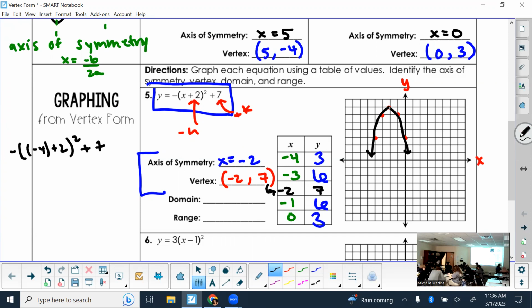So domain is referring to all the what? X's. Will this eventually touch all the X's? Well, think about it. As it's going down, is it getting wider each time? So eventually it will.